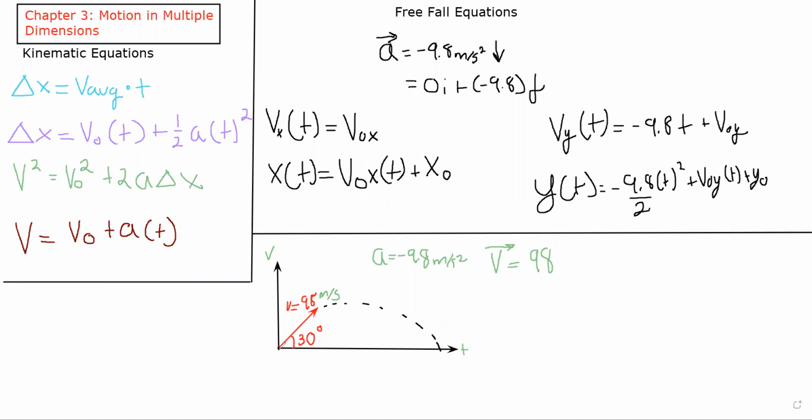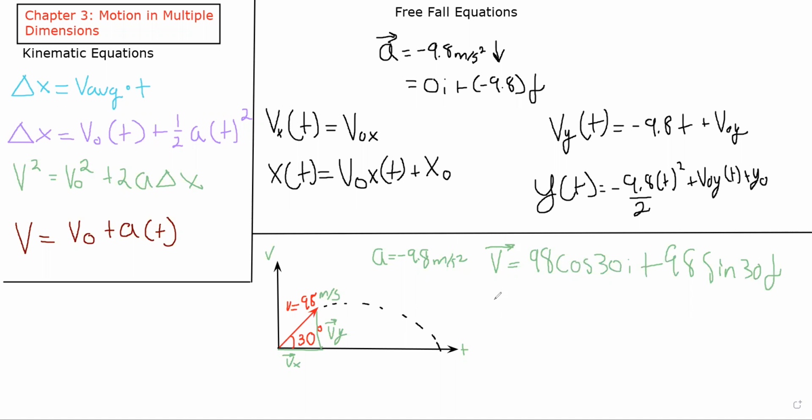So if we wanted to get this line right here, that is our vx vector. We would use 98 cosine 30 i. And then we add that to our vector vy, which would be 98 sine of 30 j.